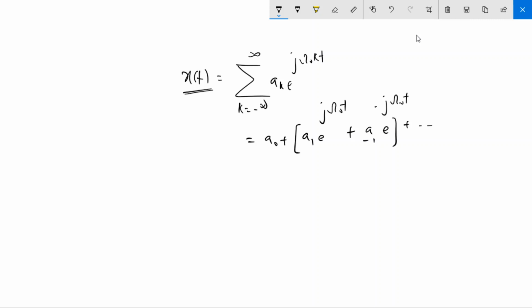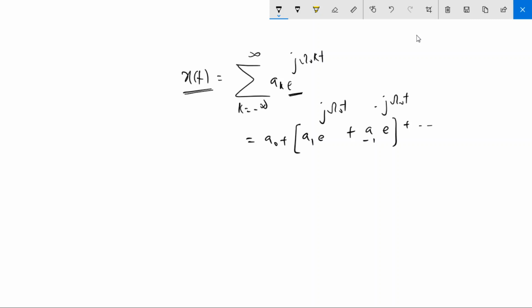That is why the sine and cosine functions, or the complex exponentials, become the building blocks. Any periodic signal can be composed in terms of complex exponentials or sine and cosine functions, subject to certain conditions, which we call the Dirichlet conditions.